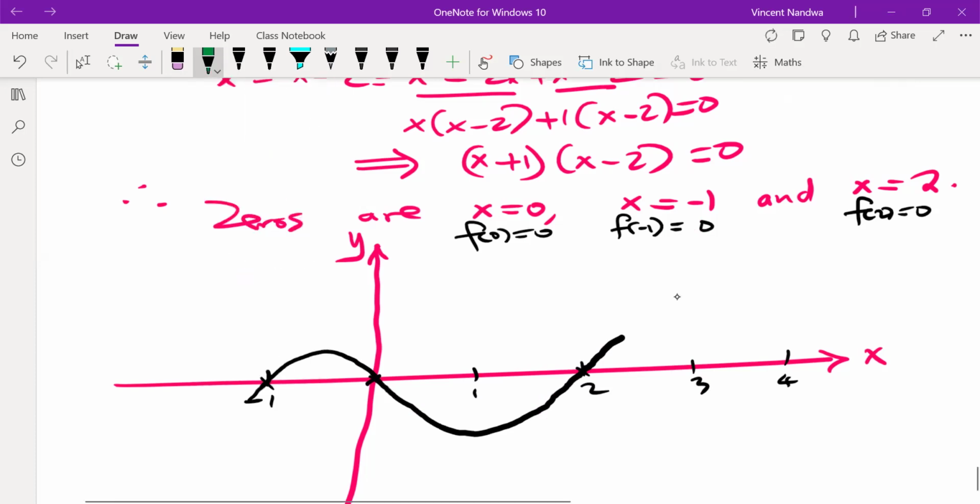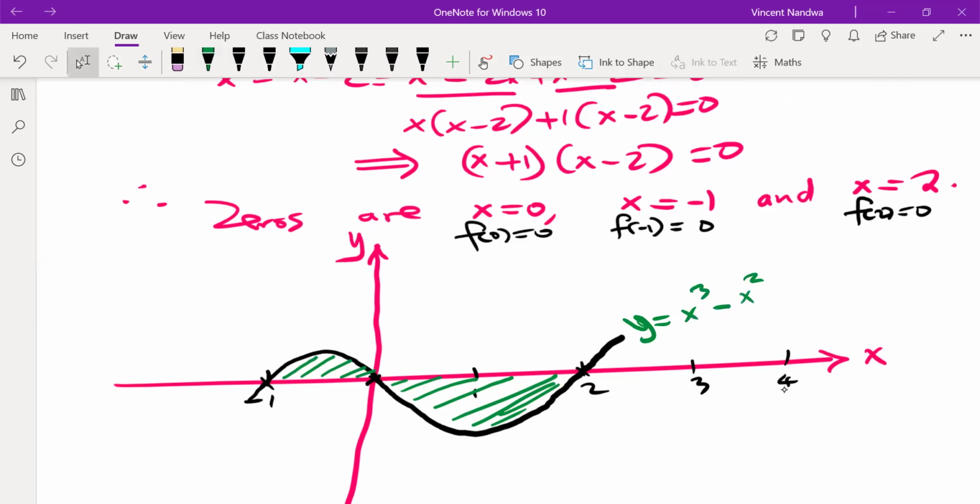So between the x-axis and the curve, these are the two areas we need to obtain. This is the function y equals x cubed minus x squared minus 2x.